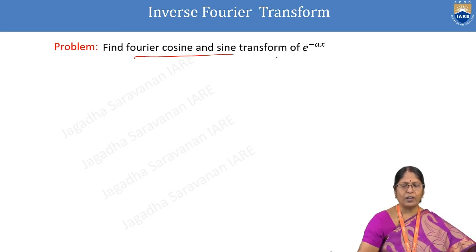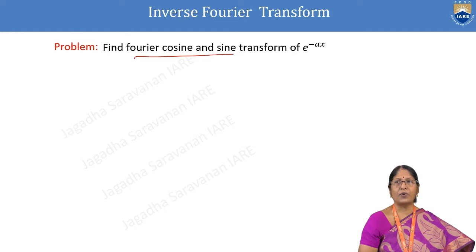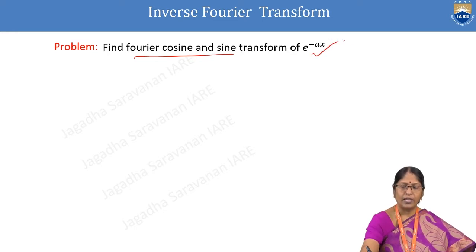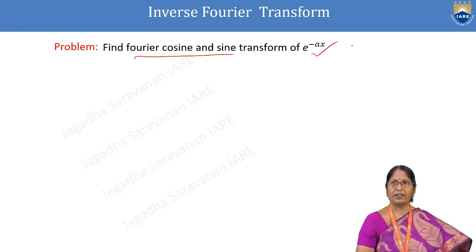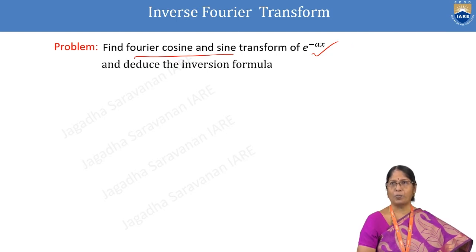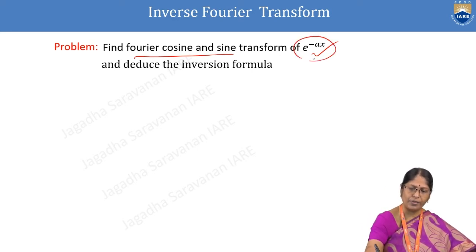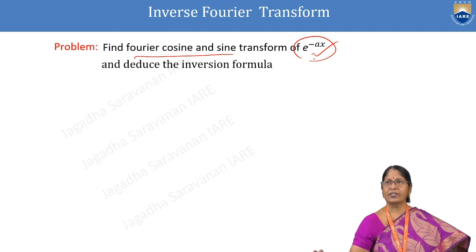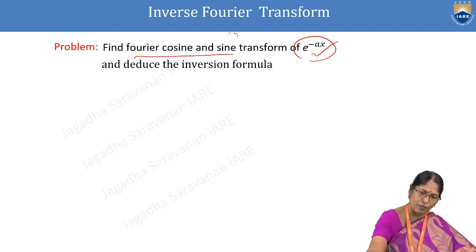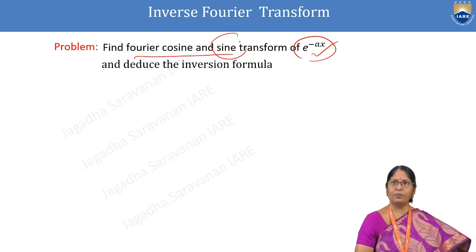Find the Fourier cosine and sine transform of e power minus ax and deduce the inversion formula. First, they are asking us to find the Fourier cosine transform of this. Some function is given, e power minus ax, and find the Fourier sine transform also.